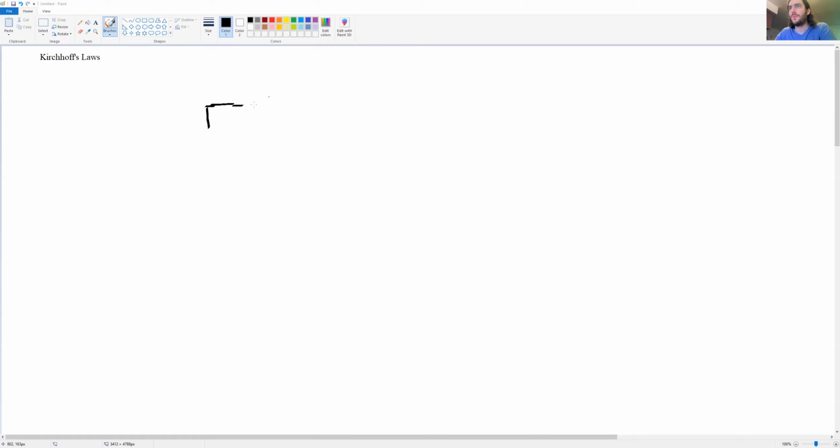So only one loop here for this circuit, but we're going to have multiple sources of EMF, in other words, electromotive force. Now, electromotive force is what we use to describe an ideal voltage source.